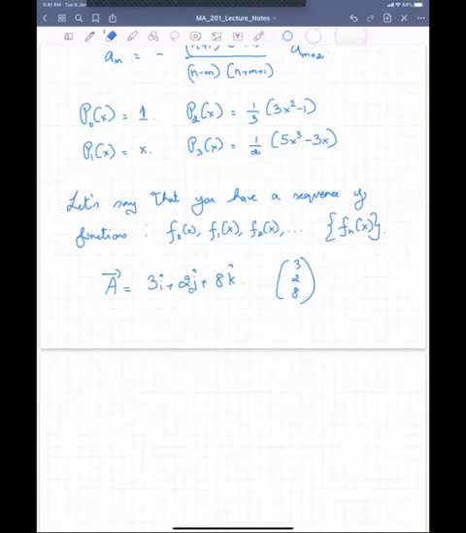Now, can the same be said about functions? This is not a one-to-one analogy, but I'm just trying to motivate what we are after here. Suppose there was some kind of a series, just like I wrote A as 3i plus 4j plus 8k or whatever.